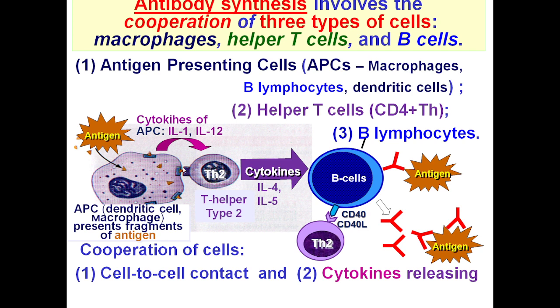And if this is a human MHC protein, human T helper cell, and individuals are genetically similar, if this is a helper and a macrophage of the same organism, the T helper cell becomes activated and produces cytokines. If this is a T helper type 2, the cytokines are interleukin 4 and 5.